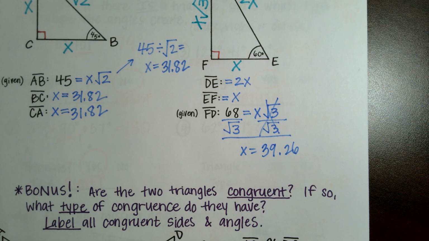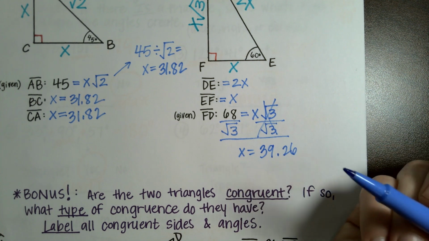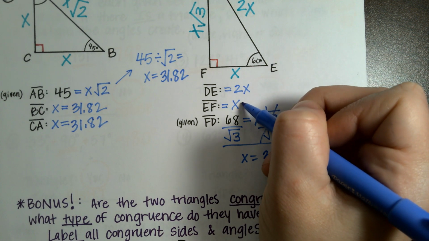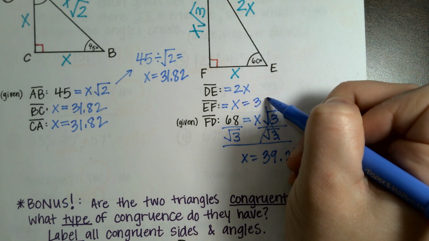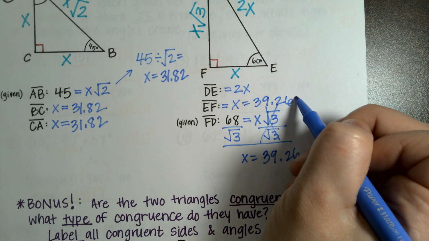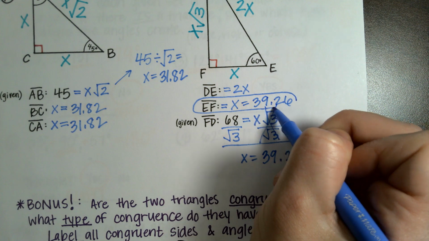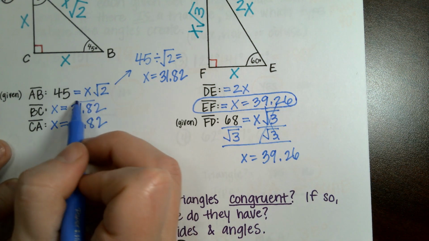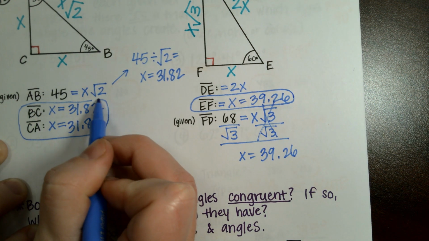We know EF is already 39.26. Yeah, so let's go ahead and do that. 39.26, because we know it's x. Circle.